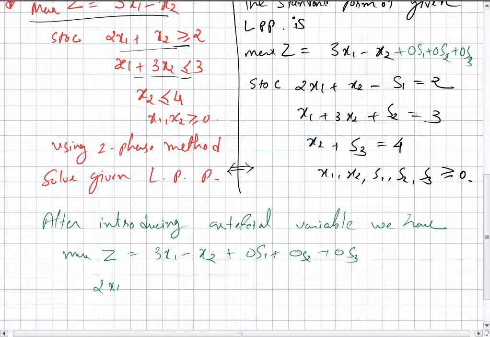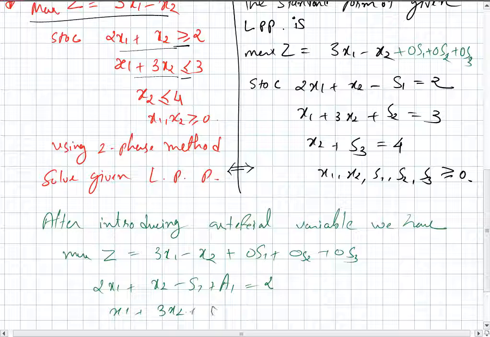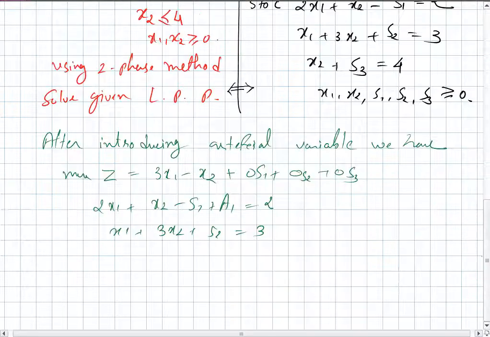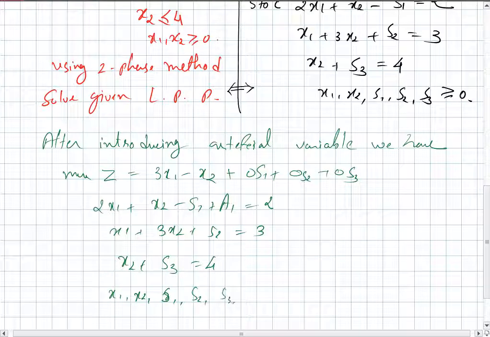So 2x1 + x2 - s1 + a1 = 2, x1 + 3x2 + s2 = 3, and x2 + s3 = 4. Again x1, x2, s1, s2, s3 and a1 are all greater than or equal to 0.